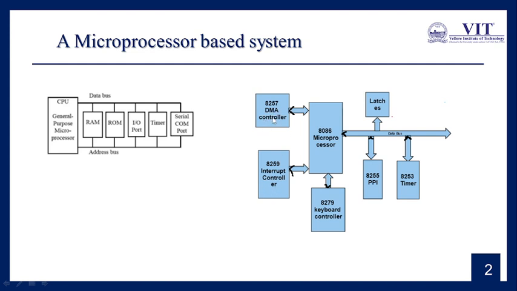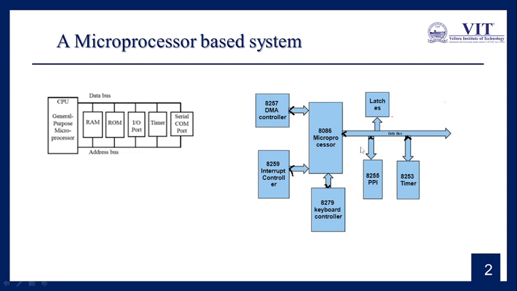And for DMA data transfer, to manage that, you have one IC called 8257. These are all dedicated ICs which support these particular functions, as named here. Apart from this, you will have latches, buffers, memories and so on.